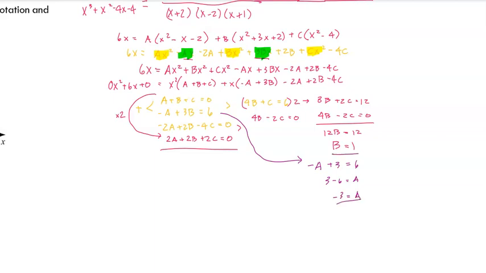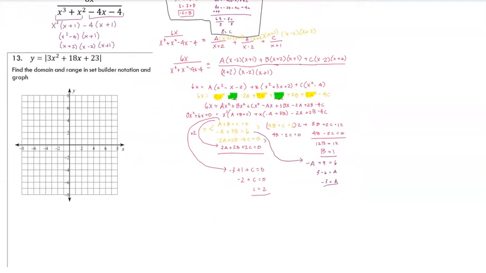Okay. Now I can put it into anything. I can put it into this one right here: negative 3 plus 1 plus c. That's negative 2. Okay. Plus c equals 0, c equals 2. And there that is, right there.